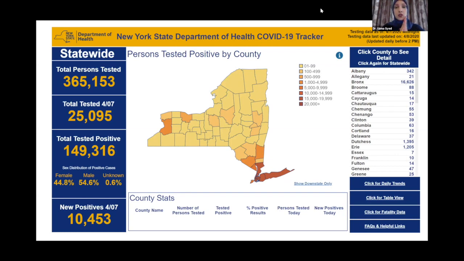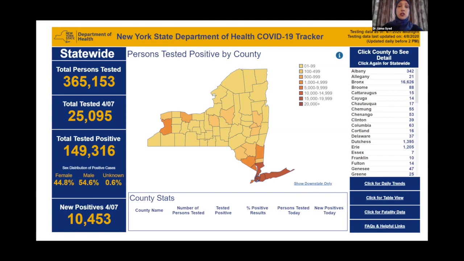So our testing has really accelerated, which has been a good thing because we really want to test as many people as we possibly can. And that's really the goal in all this. The more that we can test people, the more that we can isolate people and prevent further transmission of the illness, and the more that we can do contact tracing, because that's really one of the ways that we can control this.